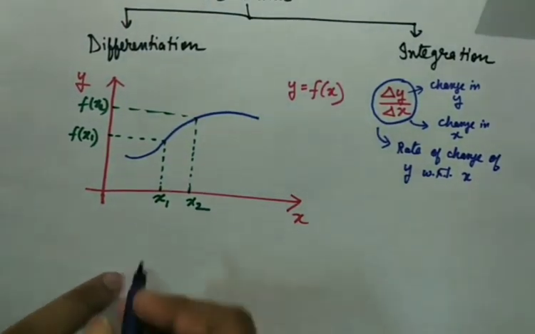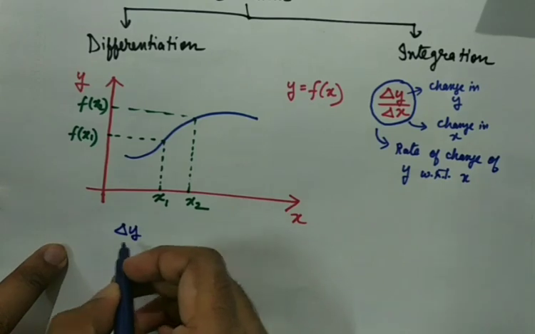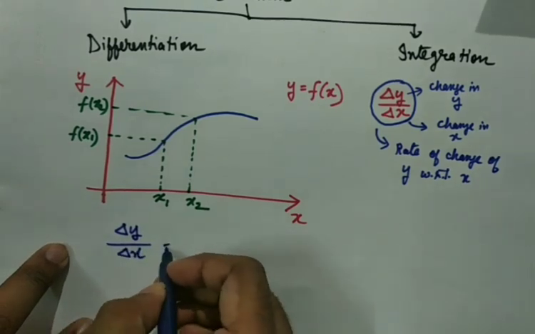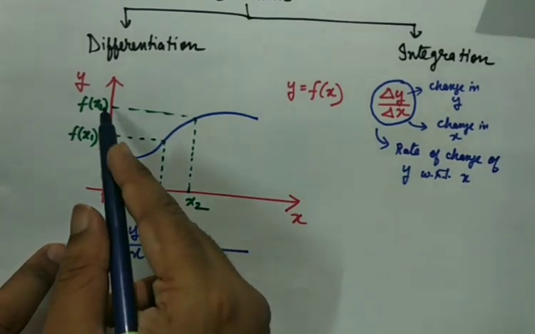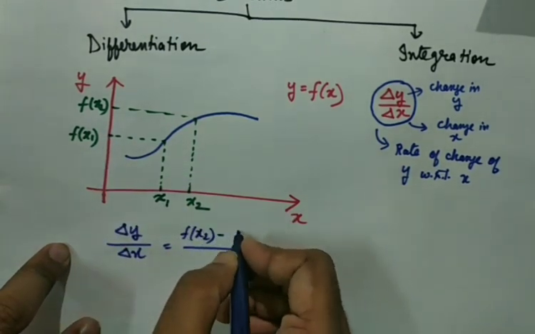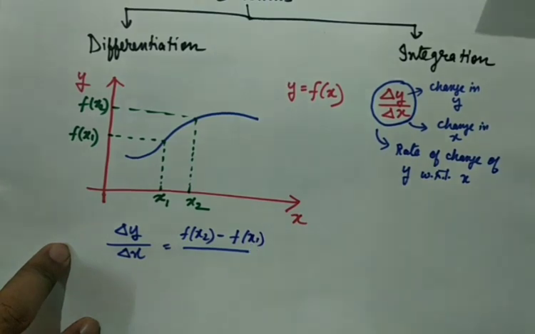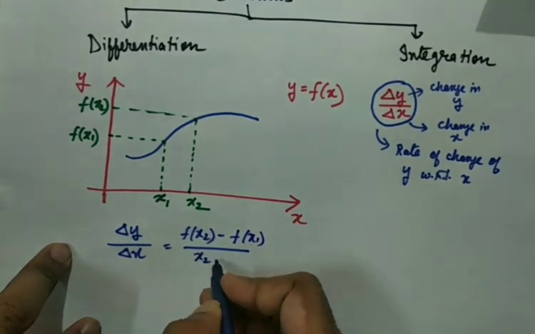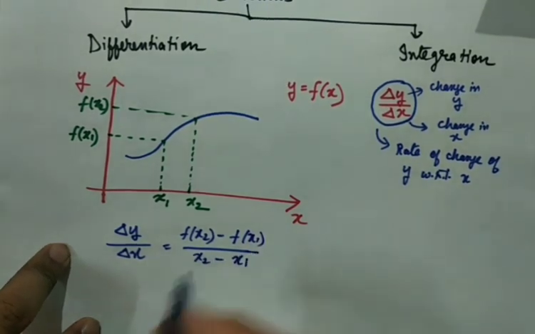So, we can write delta y by delta x, where delta y means change in y, is f of x2 minus f of x1, and here it is x2 minus x1.